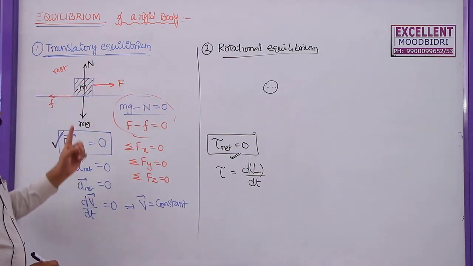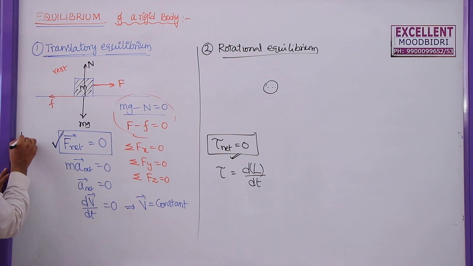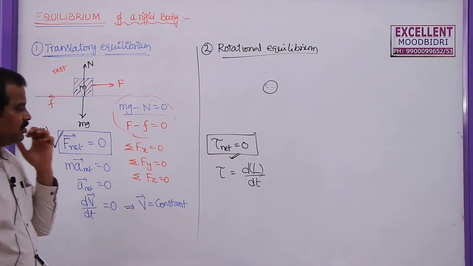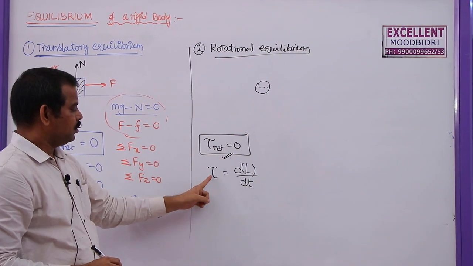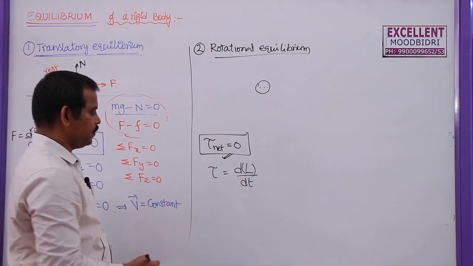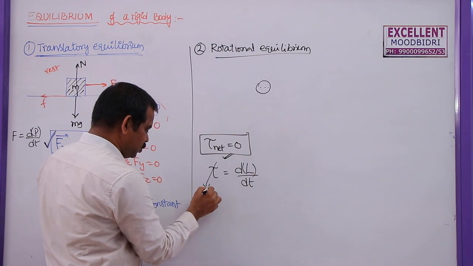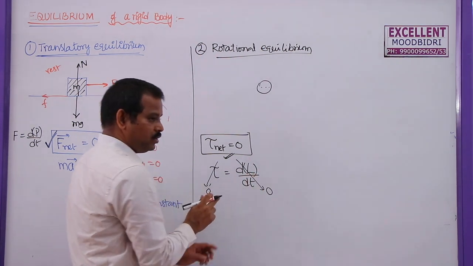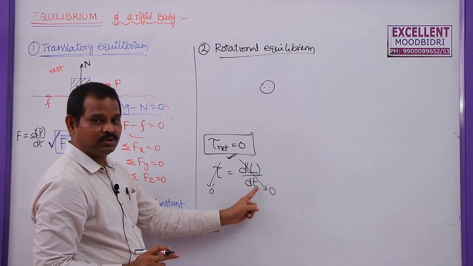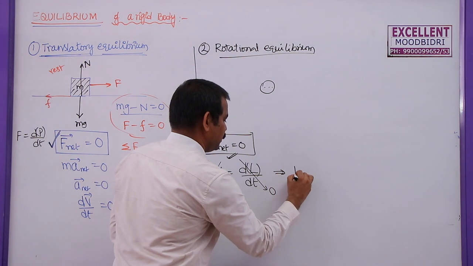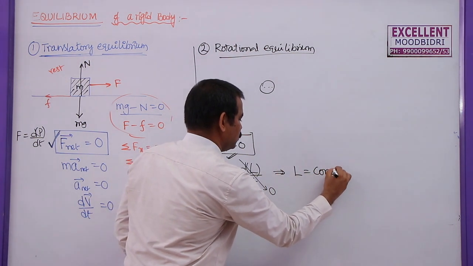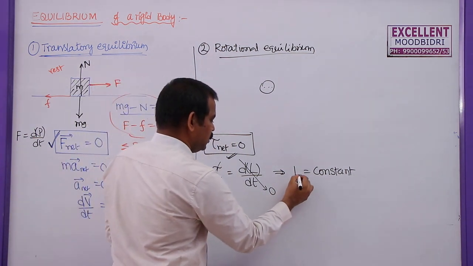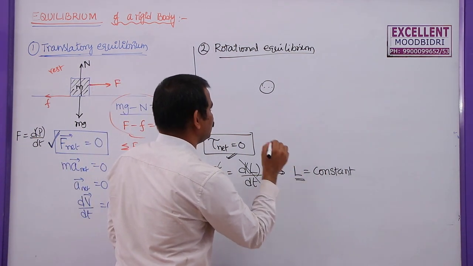In translatory motion, force is equal to the rate of change of linear momentum, and in rotational motion, torque is equal to dL by dt. When torque is equal to 0, dL by dt will be 0. We know that the derivative of a constant is always 0. So from this we can say L is equal to constant, that means the angular momentum is constant.